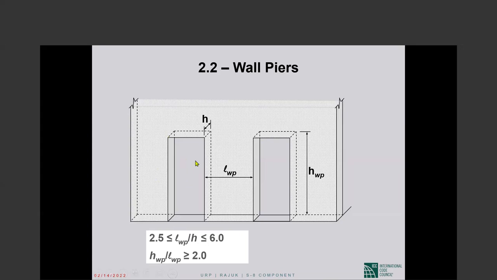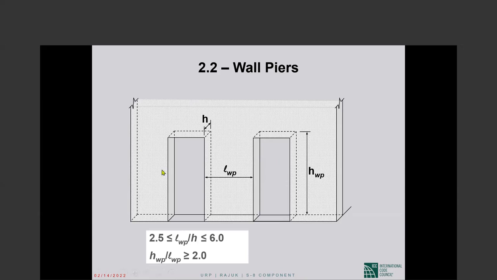You actually cast the wall on that slab and then tilt the wall up after it has hardened, making it vertical. Initially, it started out as tilt-up walls, but then people started cutting openings for obvious reasons. And now, sometimes it's hard to tell whether these are tilt-up walls or tilt-up frames.